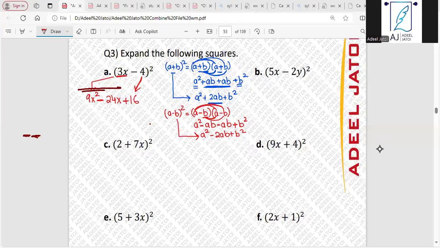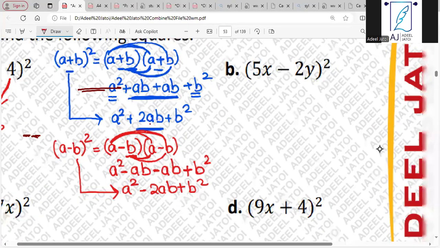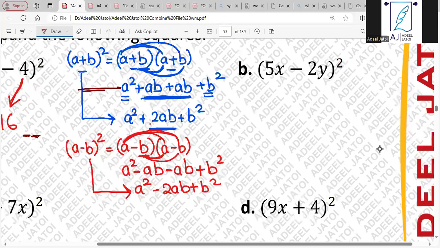So part b, let's just solve this as well, and we'll make it quick so that we can move to the next part as well. So 5x minus 2y whole square. So 5x square is 25x square, right? What do we have in the middle? We have 2ab. So 2 into 5 is 10, and 10 twos is 20.